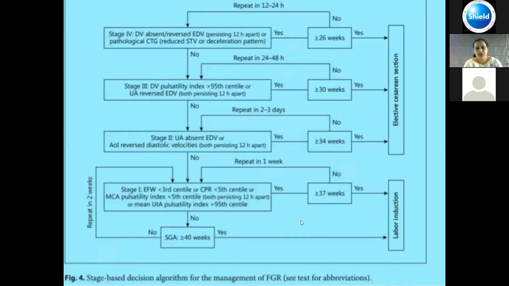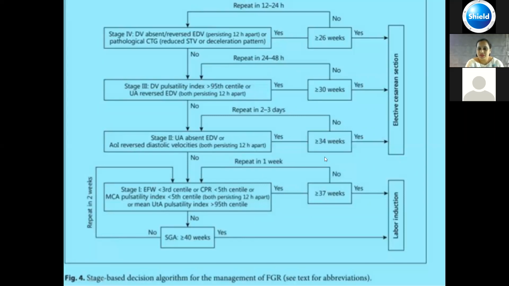And if it is just before 37, or 36 to 37 weeks, we check estimated fetal weight, the CPR, MCA and umbilical artery Dopplers. If all the changes are mild, we can admit the patient, monitor, postpone till 37 and deliver.